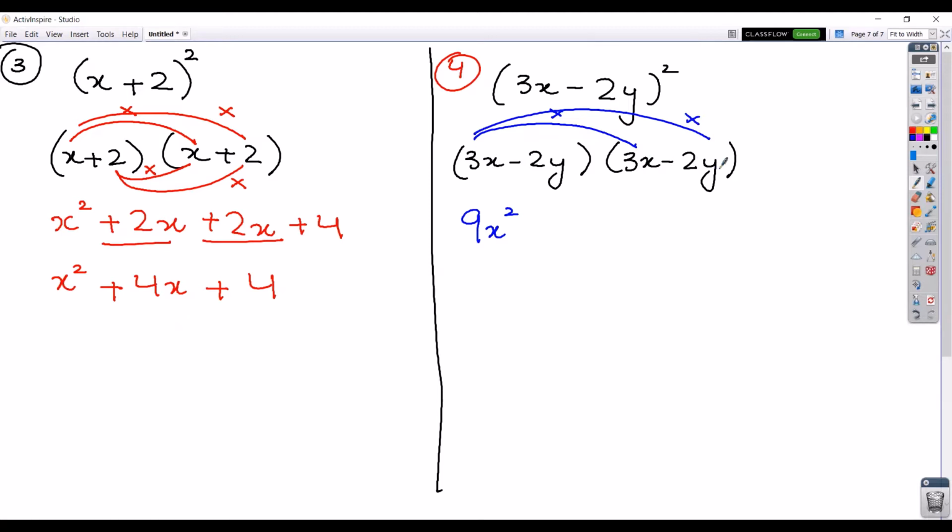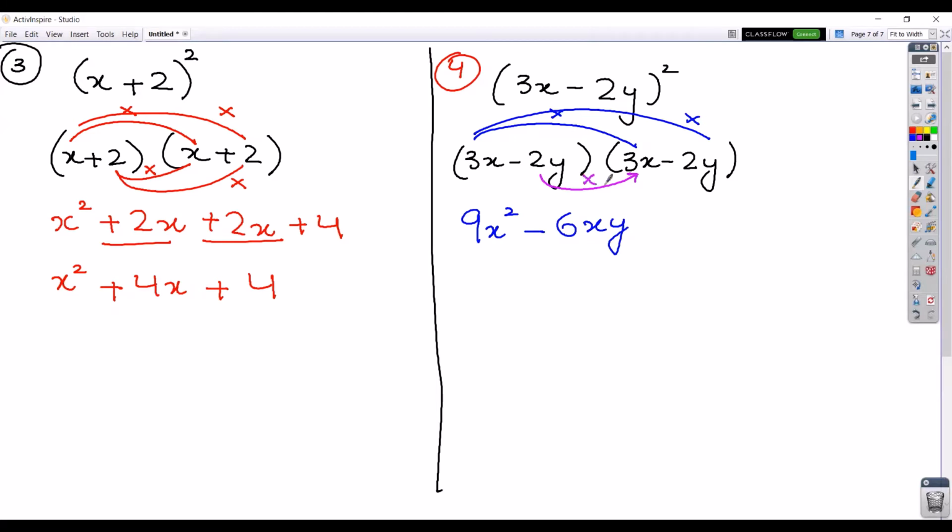So 3x times minus 2y. Positive and negative makes a negative. So we're having a negative sign. Then we're going to multiply the numbers. So 3 times 2 is 6. Now we're going to multiply the variables, which is x times y is xy. To do the other two, you do the second term times the first term of the second bracket.